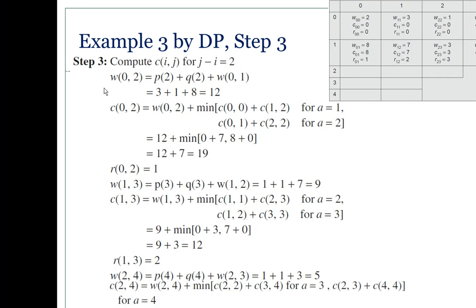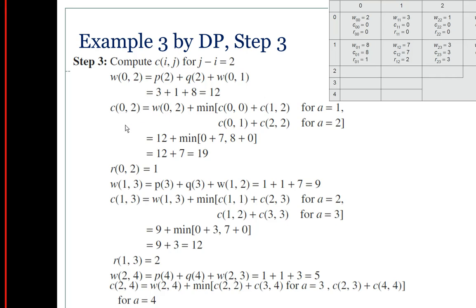For example, see here we have found the value of cost of 0 2 by considering a as 1 and again by considering a as 2. We have to refer to the formula for that. So cost of 0 2 we have calculated by using two a values.